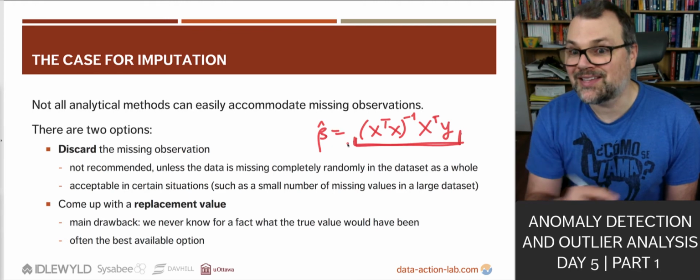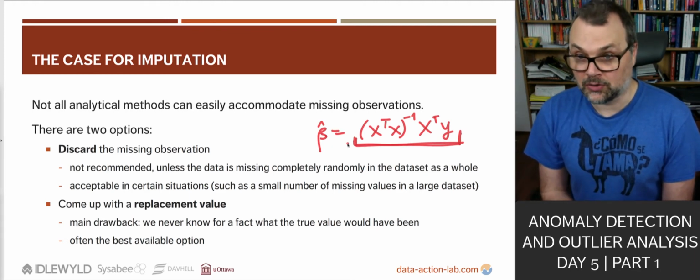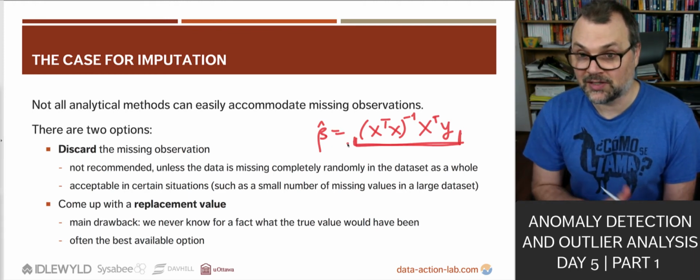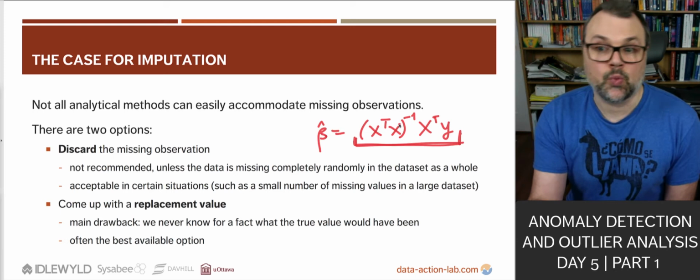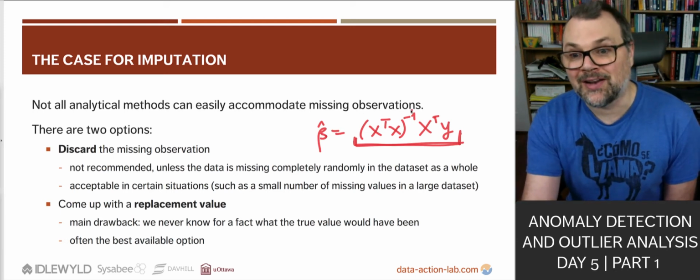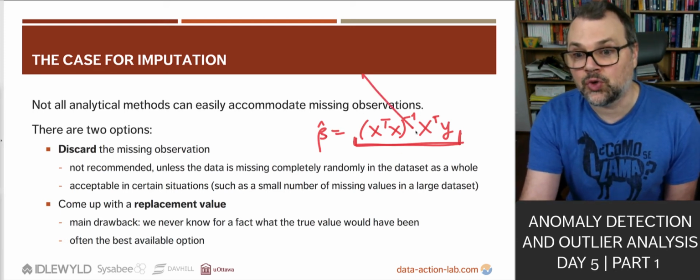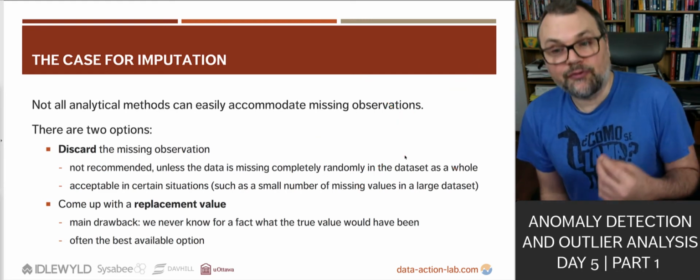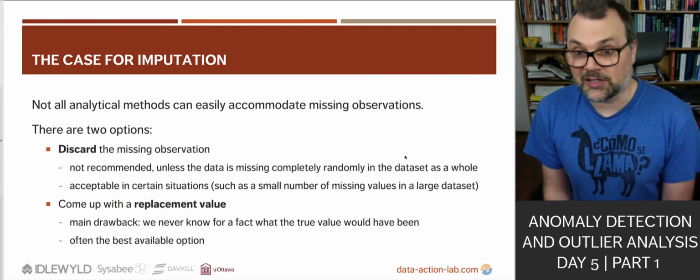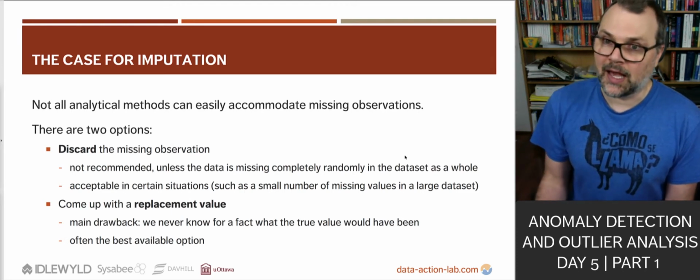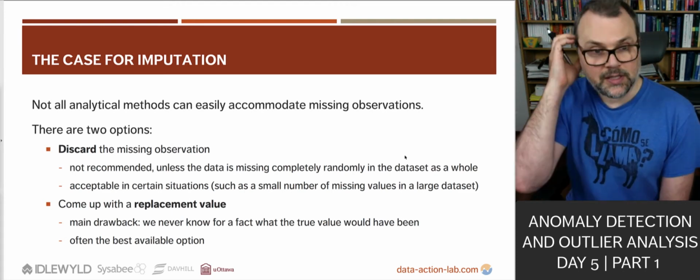If you have a missing value anywhere in your data set, the matrix X as a whole, in particular X transpose X, will also have a hole, and when the time comes to compute the inverse, you will not be able to do that. The first reason why we think it's important to deal with missing values is so that you can actually run the algorithms that you want to use on these data sets.